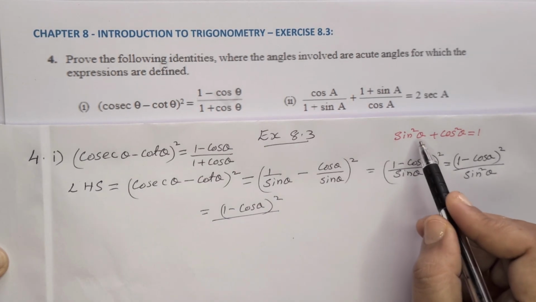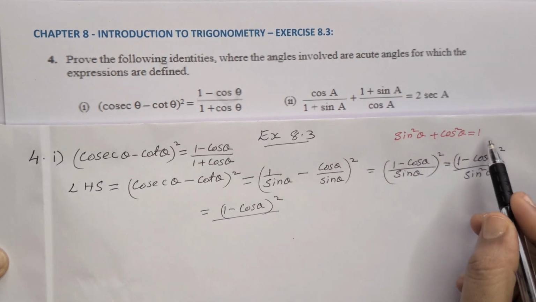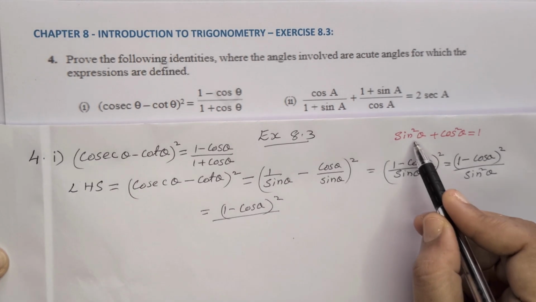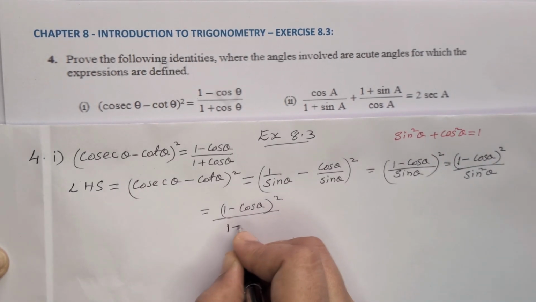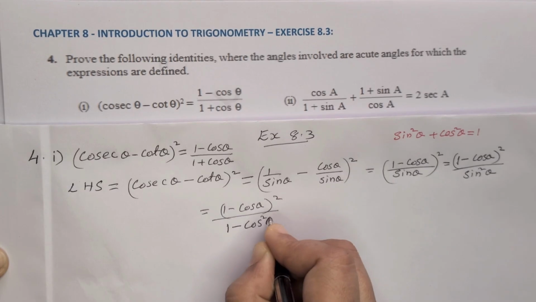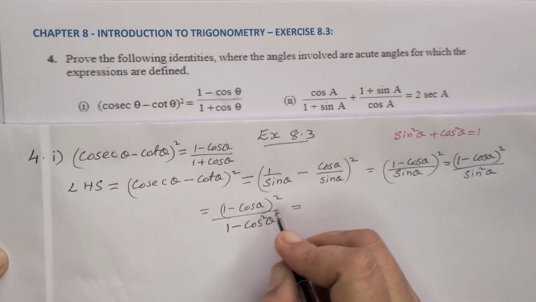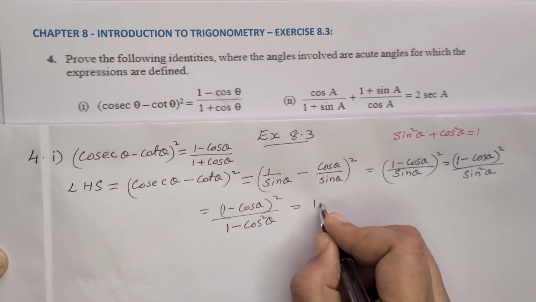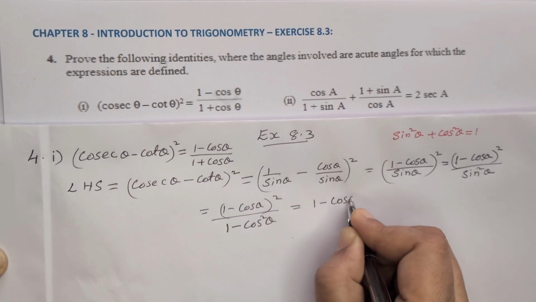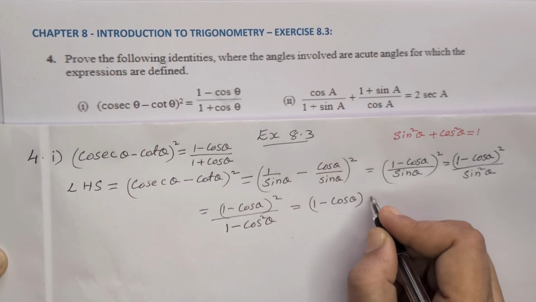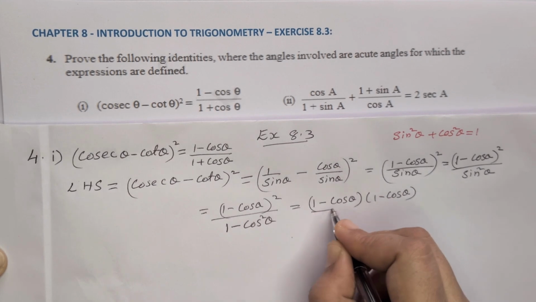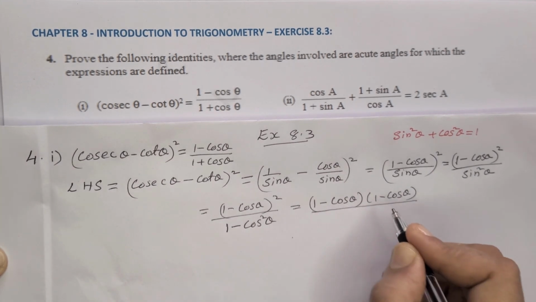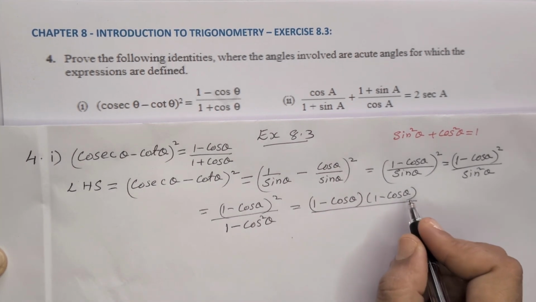From this identity, sin square theta plus cos square theta is equal to 1, which means sin square theta is equal to 1 minus cos square theta. So the numerator is 1 minus cos theta into 1 minus cos theta. The whole square means two times we are multiplying.